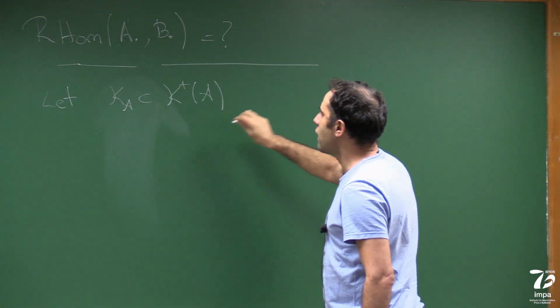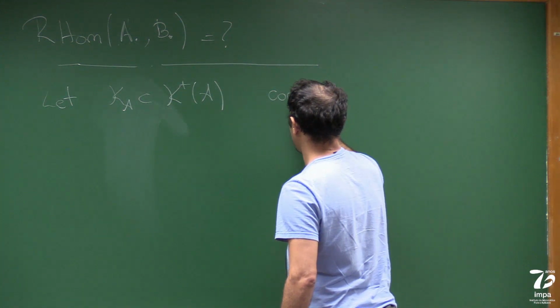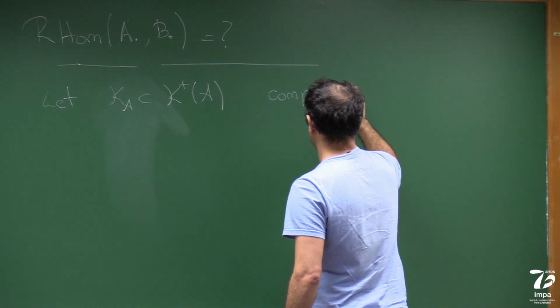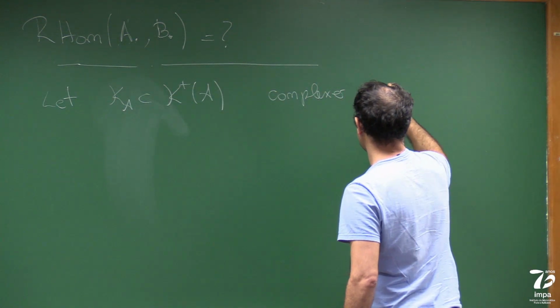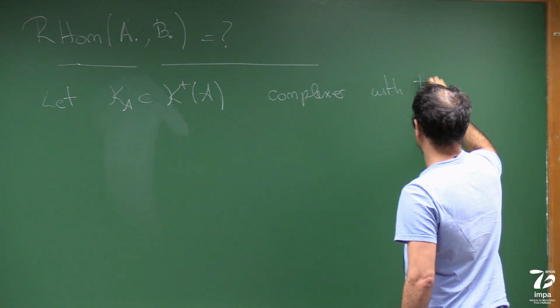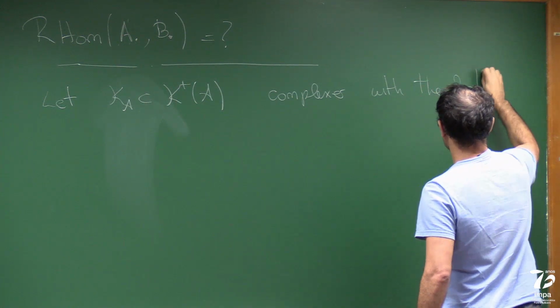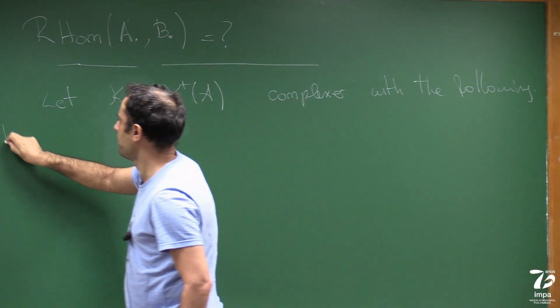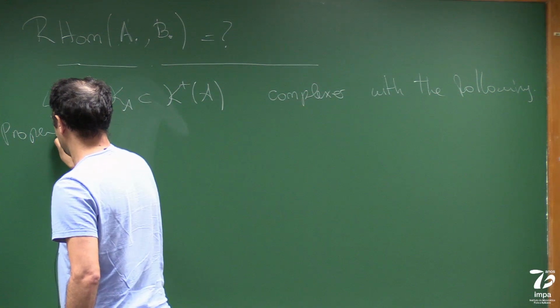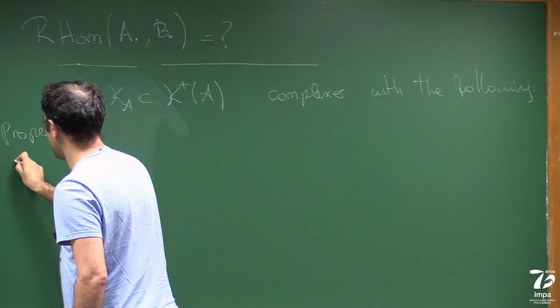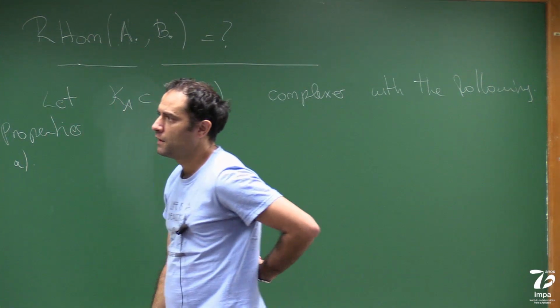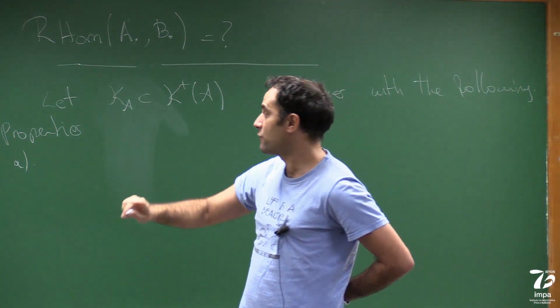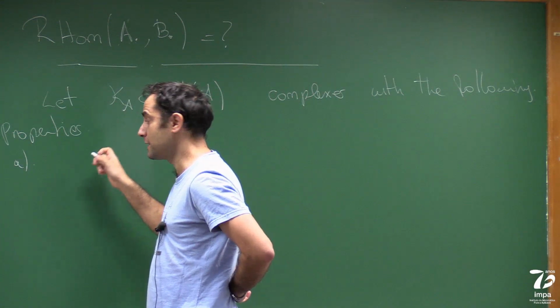So these are going to be complexes with the following properties. We want first the fact that if I apply F to an acyclic complex, then I get an acyclic complex.